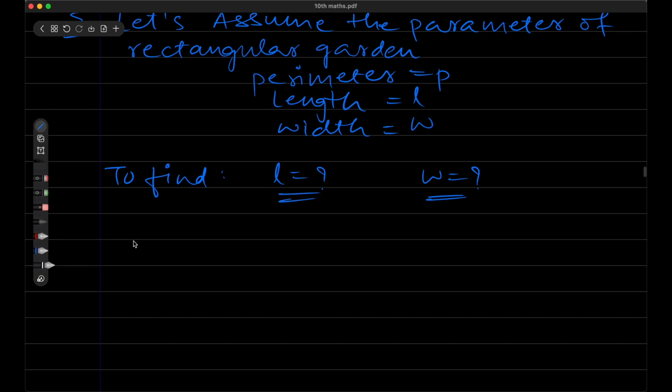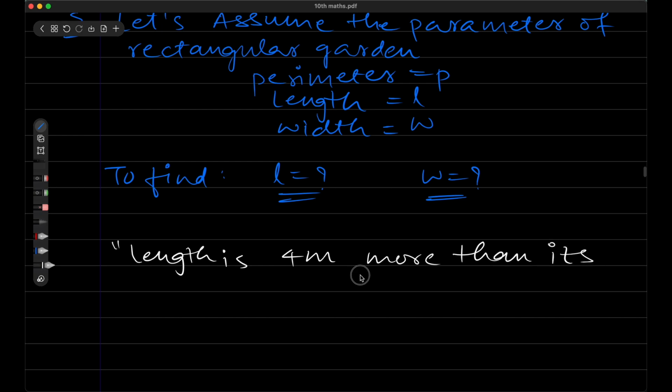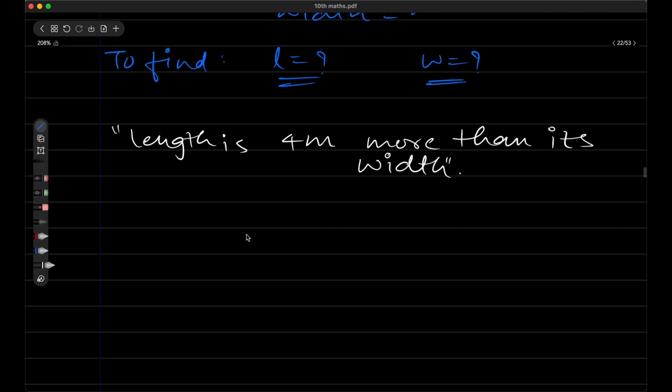Given the statement length is 4 meter more than its width, so we have to add 4 meter in width to make the equality sign.